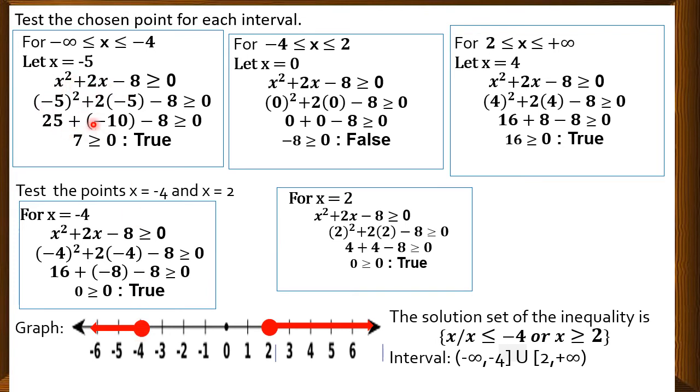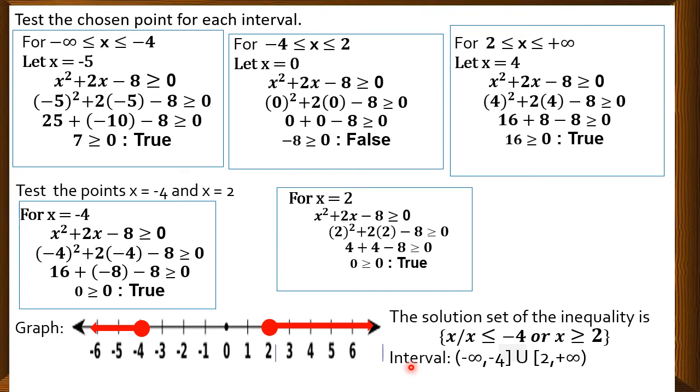And going to this interval, this is also part of the solution. So the solution set of the inequality is x is less than or equal to -4, and this part here, x is greater than or equal to +2.